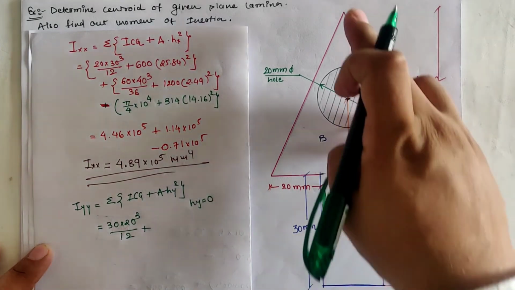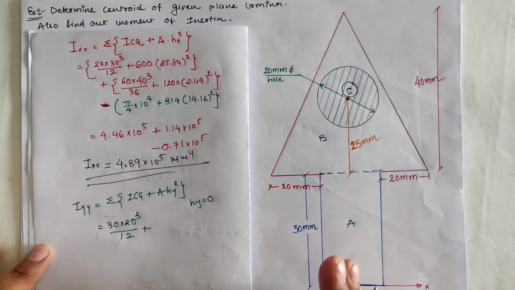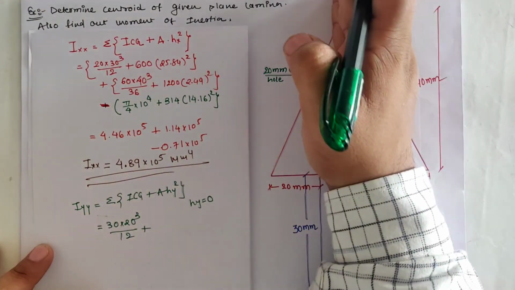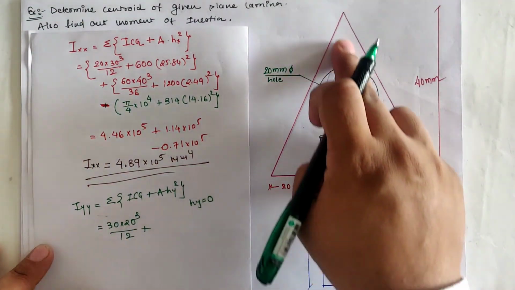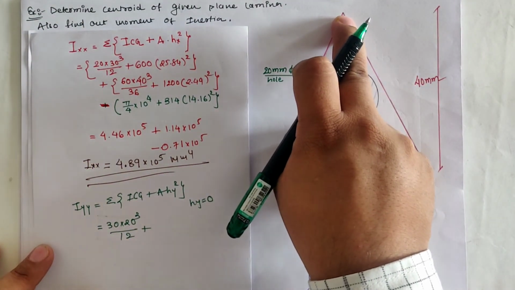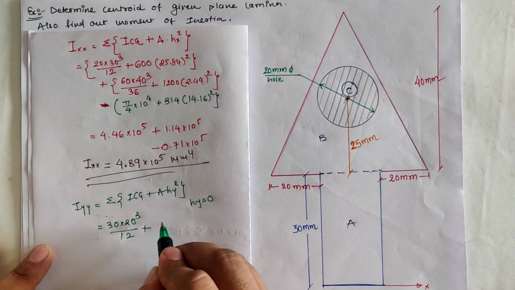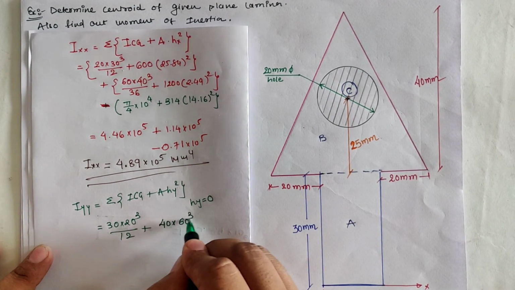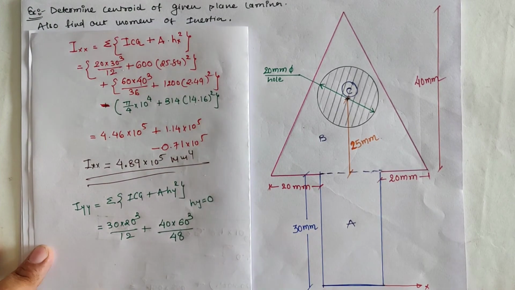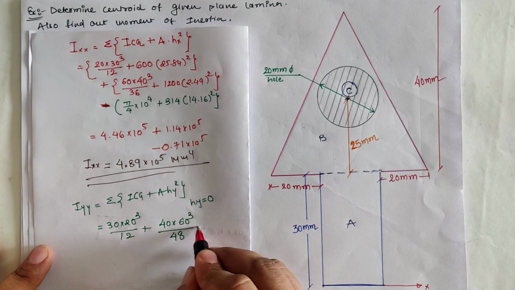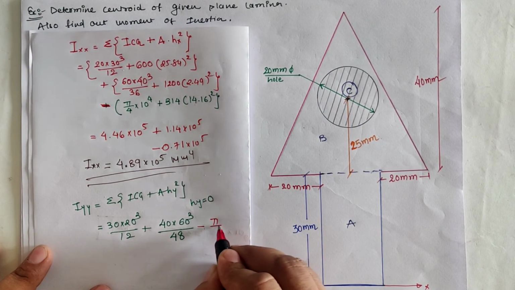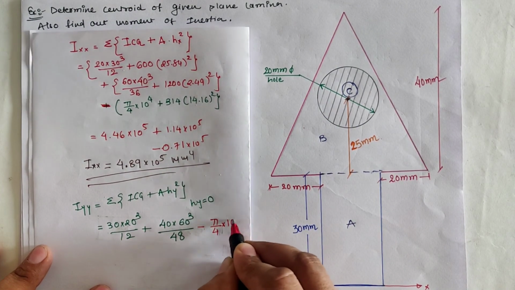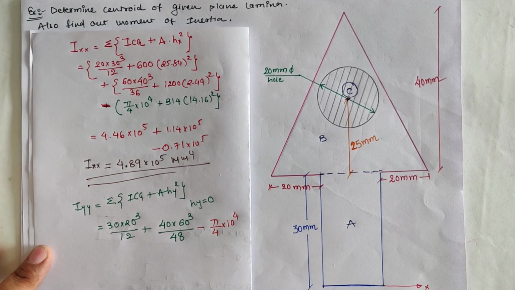Now remember that for an isosceles triangle, the moment of inertia with respect to the vertical axis passing through the apex is h b cube, that is 40 into 60 cube divided by 48, and the moment of inertia of the circular part which is deducted has the value pi by 4 into r raised to 4 or pi by 64 d raised to 4.